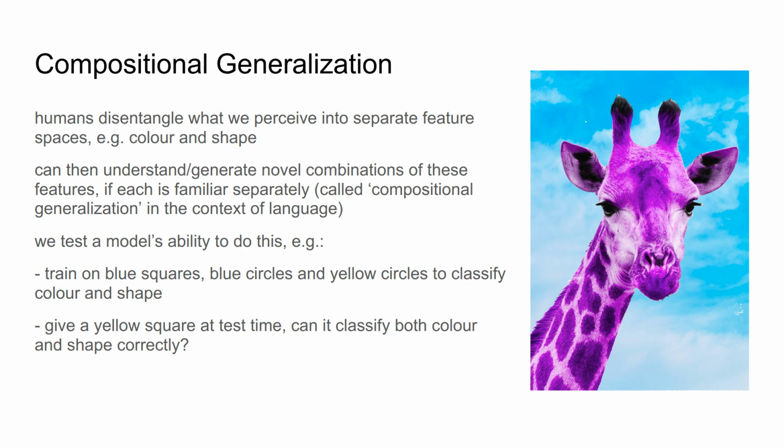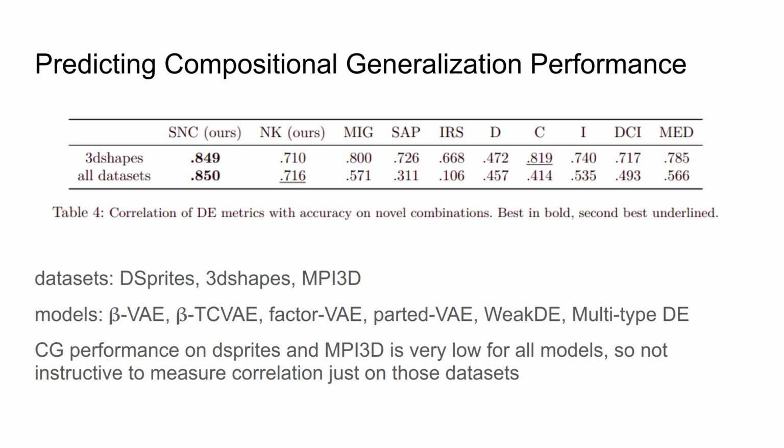We use a whole suite of models and a suite of datasets, 3 datasets, and we also measure the scores for our metric and for existing metrics for all those models and those datasets. And then we take the correlation between the compositional generalization performance, that is the accuracy on these novel combinations of familiar features examples, and the scores of the metric.